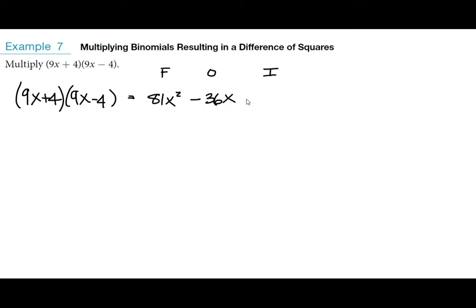Then the inner term, so that's going to be plus 4 times 9 or plus 36x. And finally the last terms, and that's going to be minus 16. And it's always the case here that in a difference of squares, the middle terms cancel out. So I will have 81x squared minus 16.